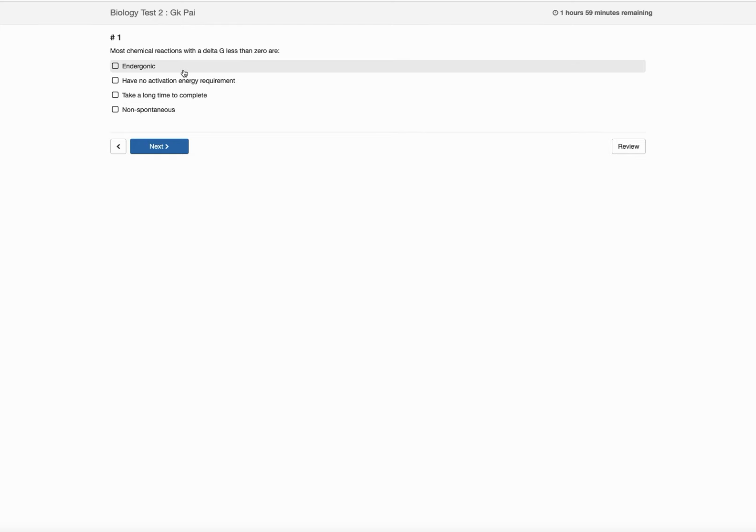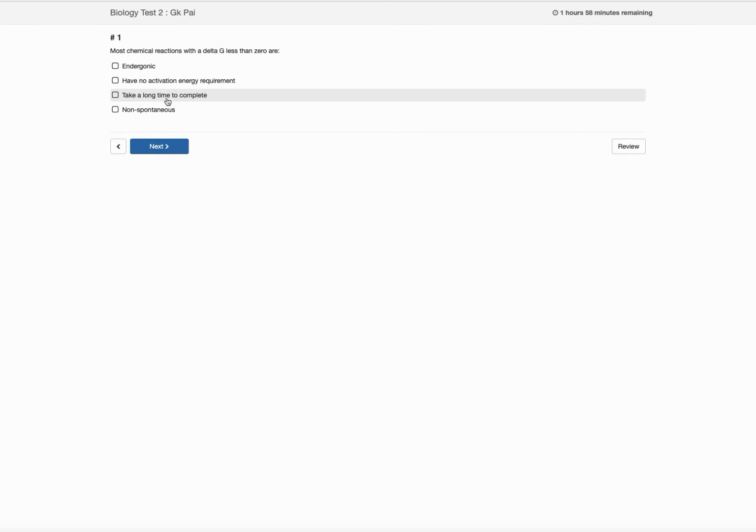So, important thing to realize is that all reactions with a delta G less than 0 are spontaneous and exergonic. So it's not endergonic, and it has nothing to do with activation energy. And we know that delta G less than 0 means spontaneous.